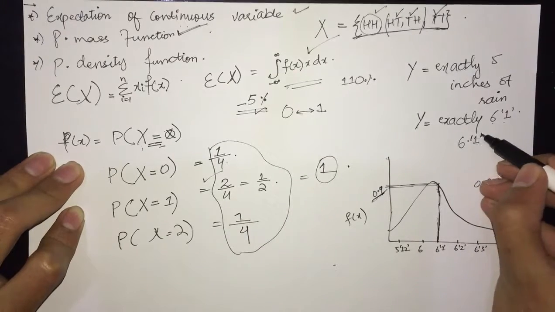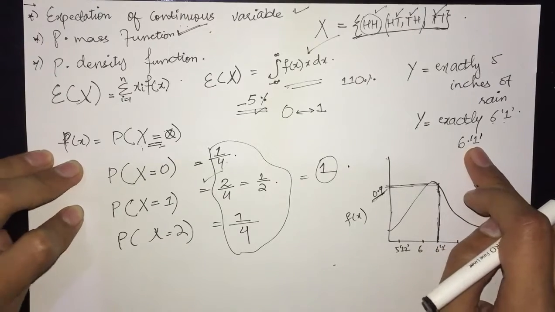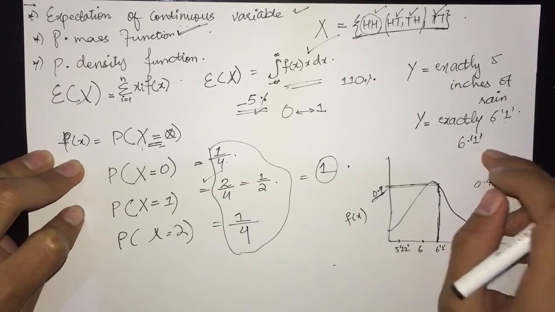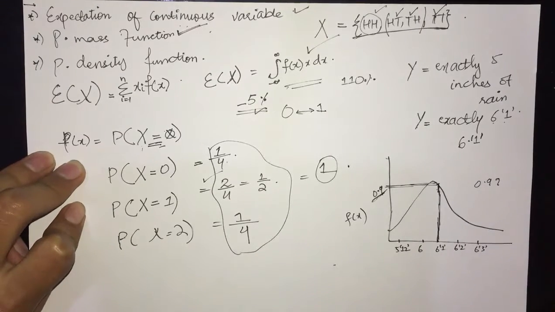So I'm not actually sure that my height is exactly 6 feet and 1 inches, or it's a little to the right side, a little greater or a little smaller.